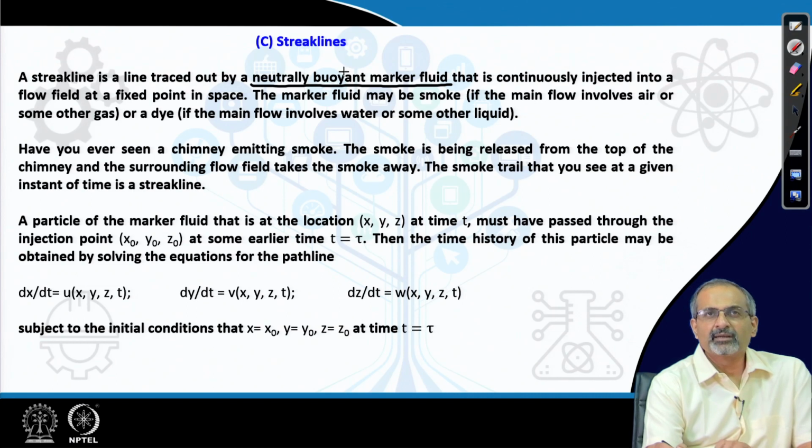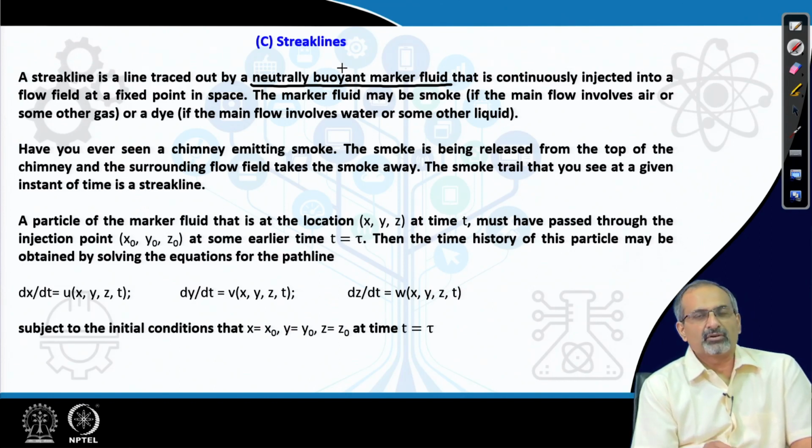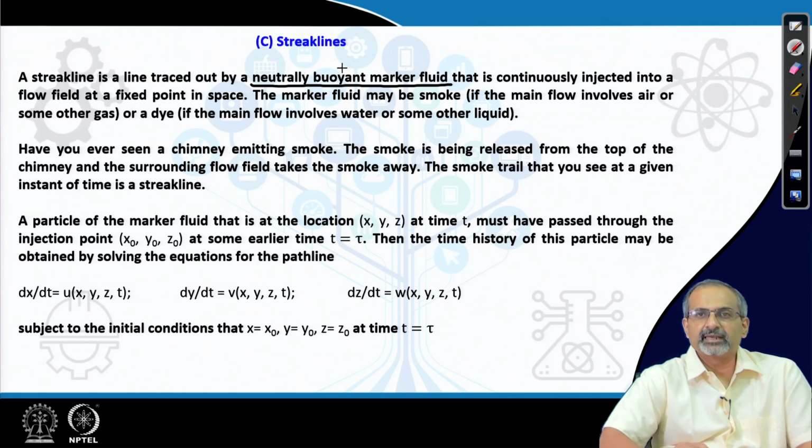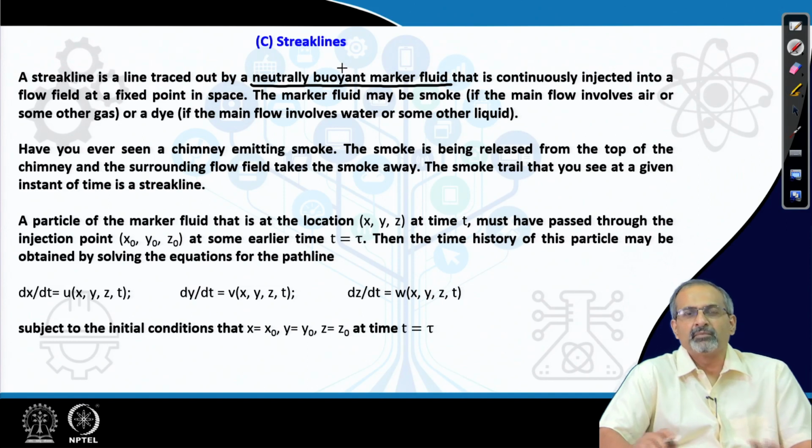That is very important, because the fluid which is injected into the flow will otherwise either artificially rise or fall because of a difference in density. Though it is a concept, it is a very, very important concept. You will see later that when we discuss experiments in fluids and talk about particle image velocimetry, we are going to put tracer particles into the flow field, and the density of those particles effectively has to match with the mother flow.